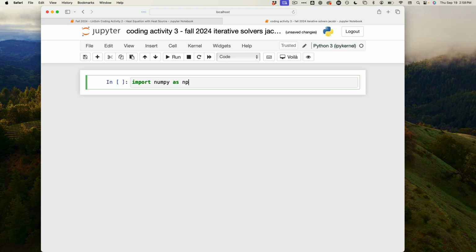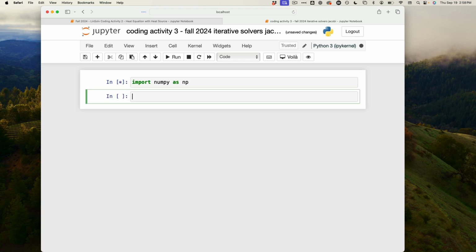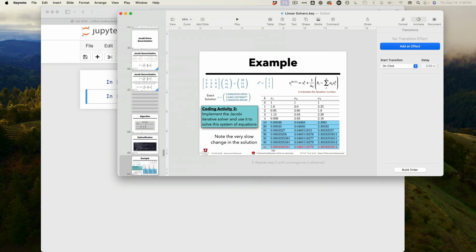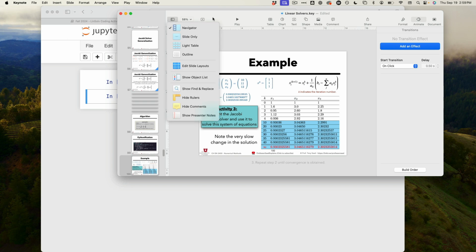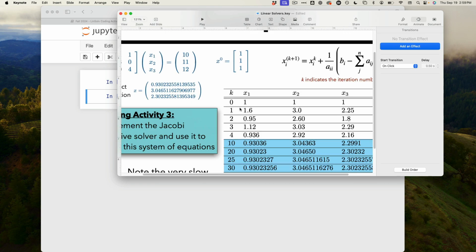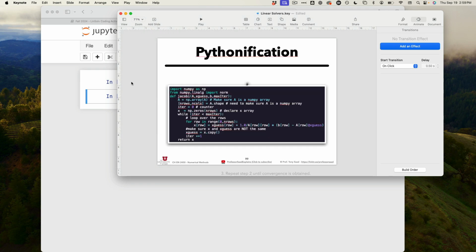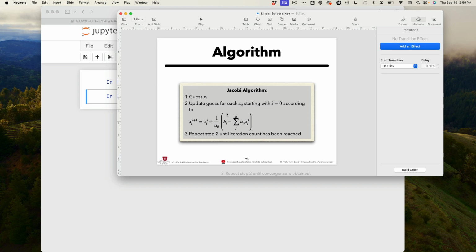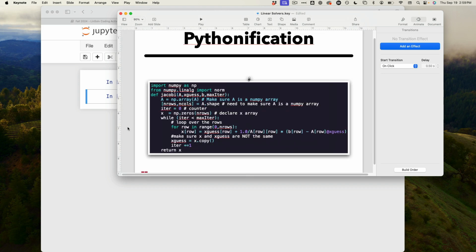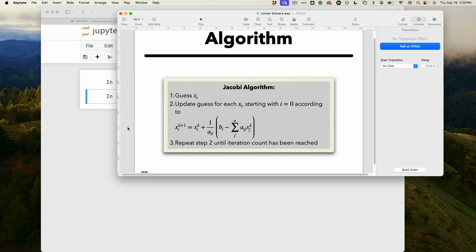Now let's look at the Jacobi algorithm. Implement that formula. That's our formula over here. I figured that this code is a little bit more involved, but we can just work on it together.